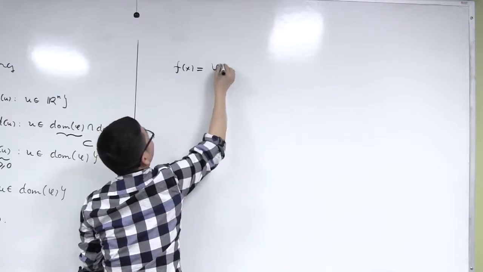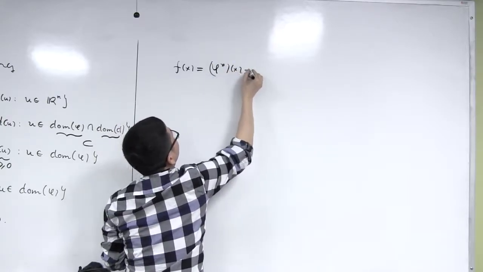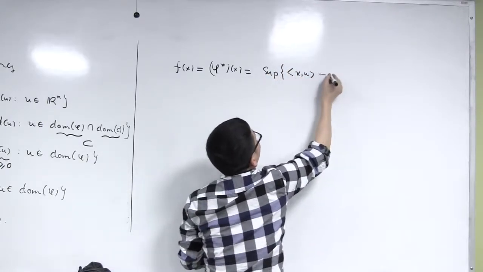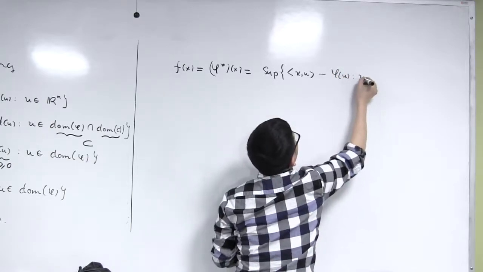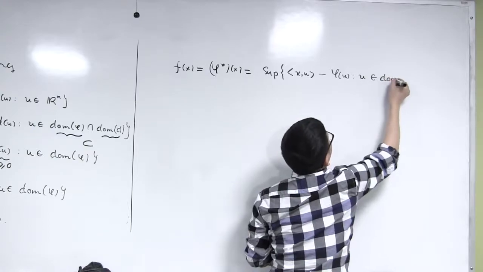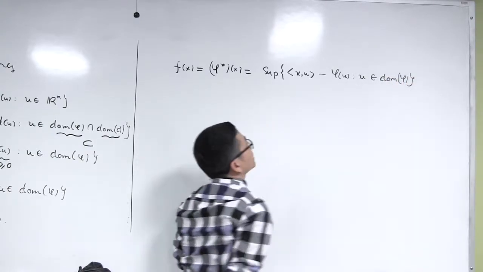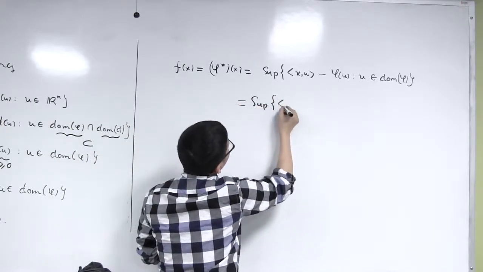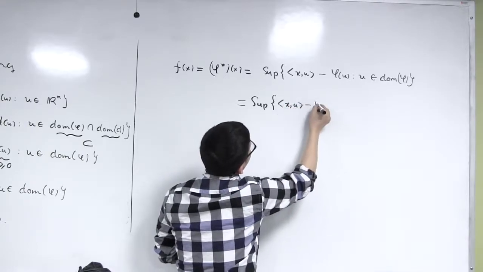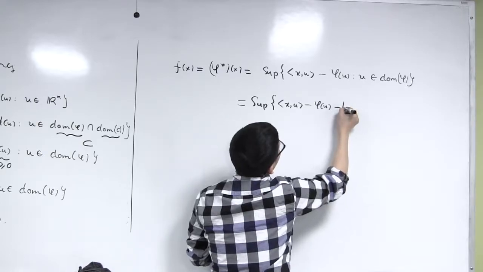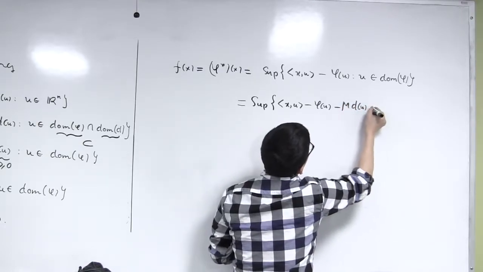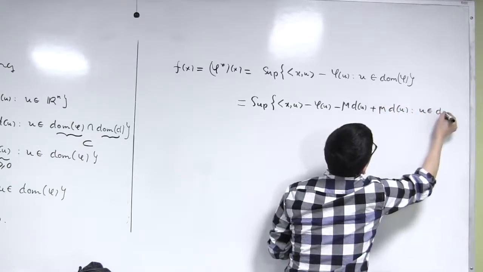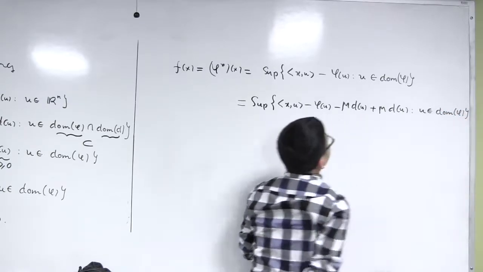To continue, we start from the formula for f of x. f of x is just phi star of x, and this is again the supremum of the inner product of x and u minus phi of u, where u runs in the domain of the function phi. Now this is equal to the supremum of the inner product of x and u minus phi of u, and then we subtract mu times d of u, and we add mu times d of u, where u runs in the domain of phi.